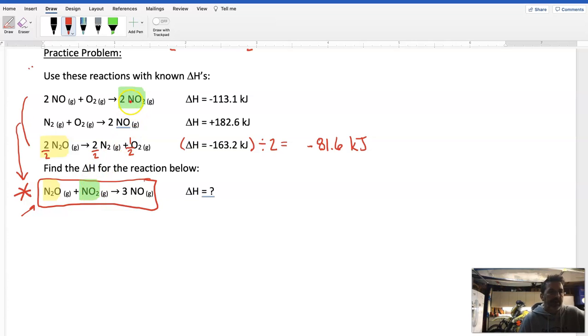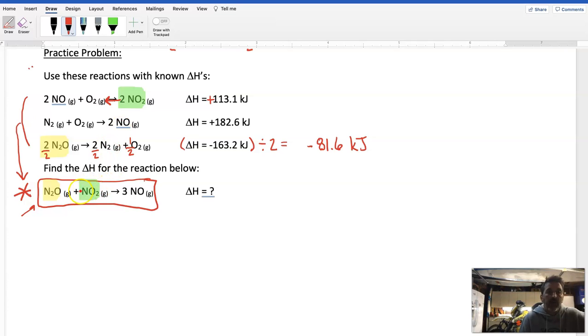Well, it's in the product side of the equation right now. So that tells me that the first thing I'm going to have to do is flip the arrow. I'm going to turn this the other way. So this NO2 is now in the reactants. And when I do that, don't forget, I have to flip the sign. So the negative becomes a positive anytime I flip that arrow. So the NO2 is now a reactant because I flipped the arrow, which is what I want.